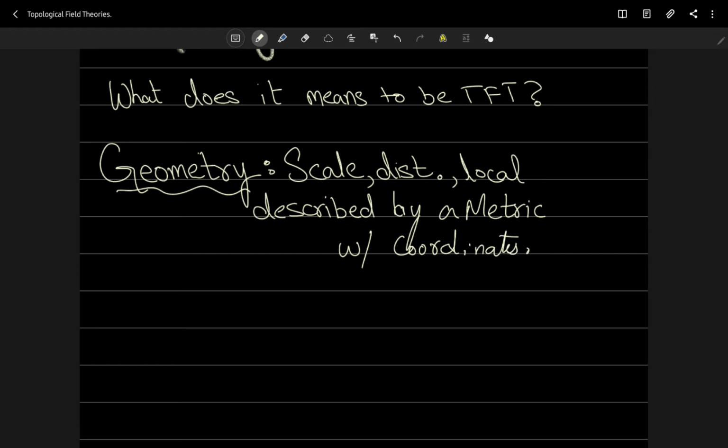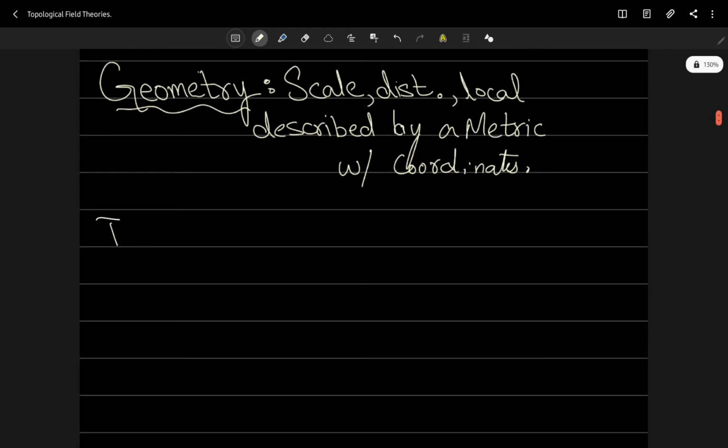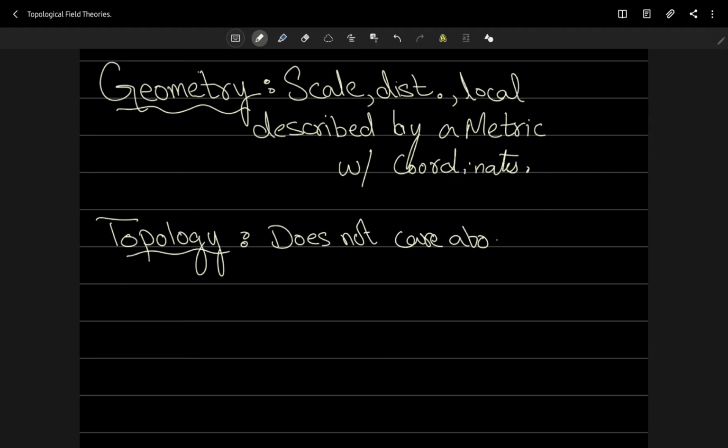Now, the other independent feature is the topology. Topology does not care about scale. What that means is basically that if you were to stretch but without any tearing, it will not change the topology. Also, topology is global.